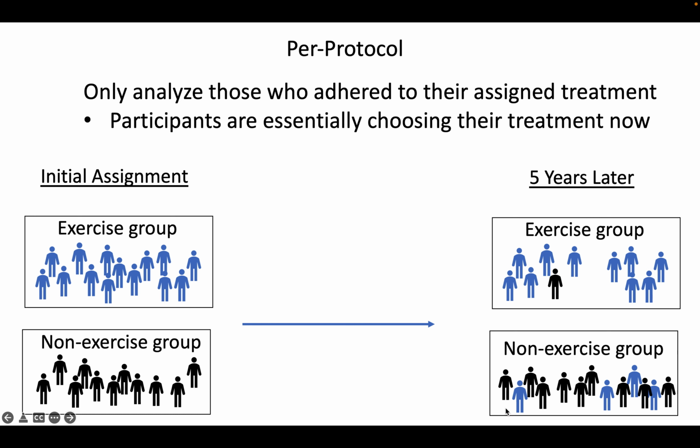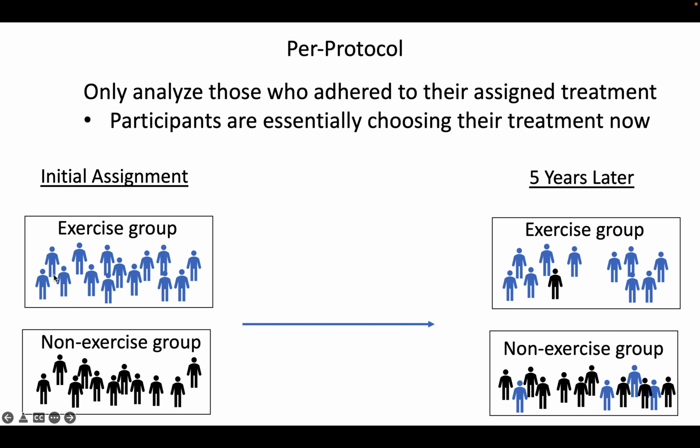And now all of a sudden we have these 2 populations, and the people who stayed in their treatment group and those who didn't might systematically differ in ways that are introducing bias. Because when people self-assign treatment, it can be for a variety of reasons. People who exercise and those who don't are probably different in many ways besides the fact that they exercise.